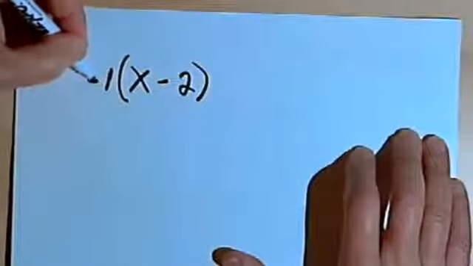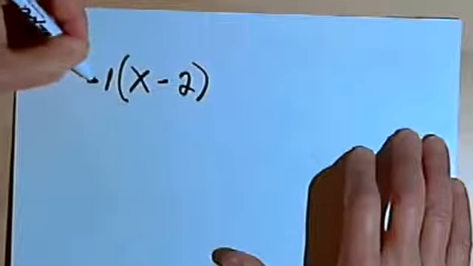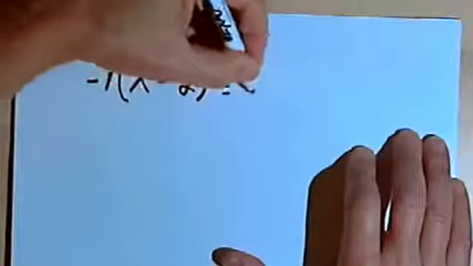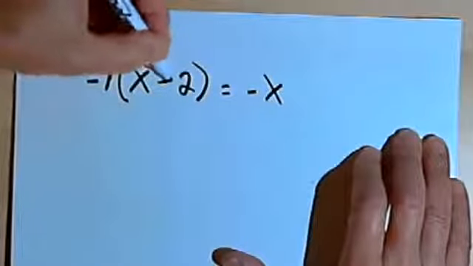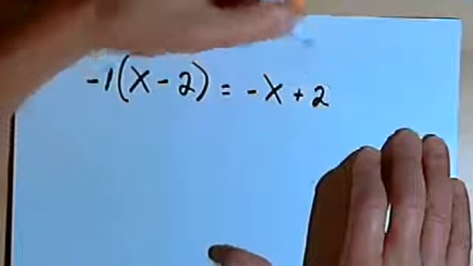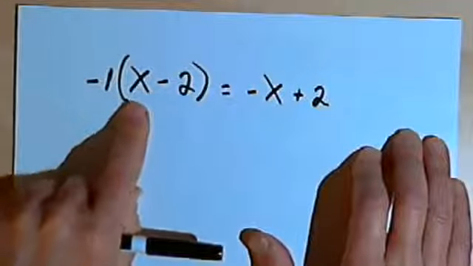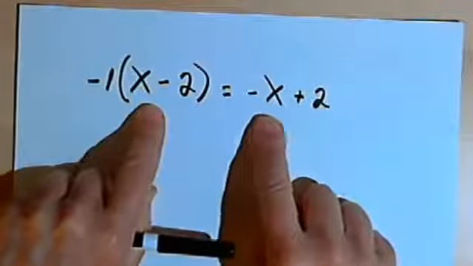So I'm going to distribute negative 1 across x minus 2. Negative 1 times x is negative x, and negative 1 times negative 2 is positive 2. So the additive inverse of x minus 2 is going to be negative x plus 2.